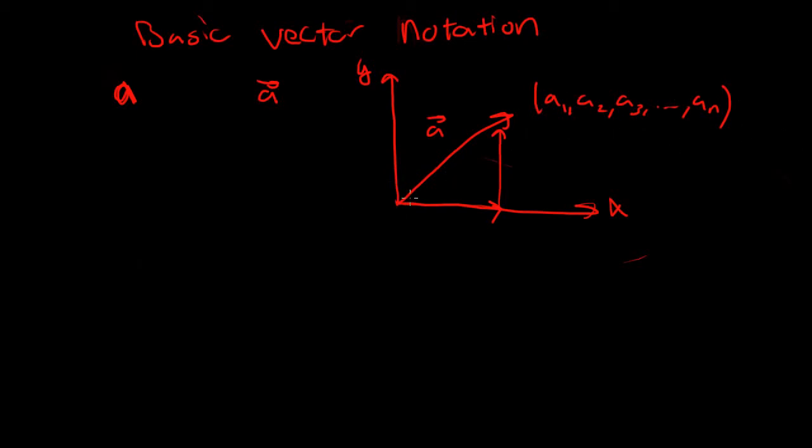Therefore, using this component notation, we can write any vector in terms of these components of the coordinate axes. And one final way of representing this is in terms of actual unit vectors that are along these axes. Typically in the literature, the unit vector along the x-axis will be called i, and there's a hat put over it to signify that it's a unit vector.